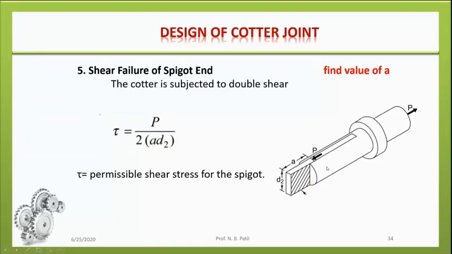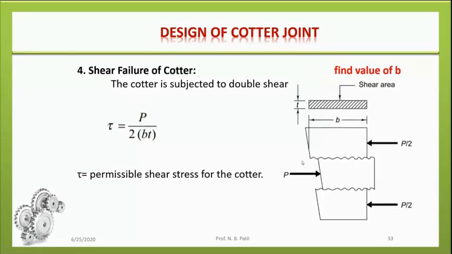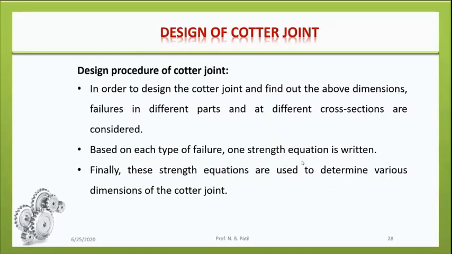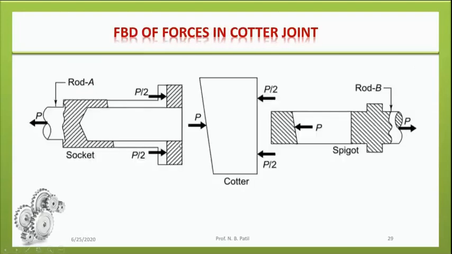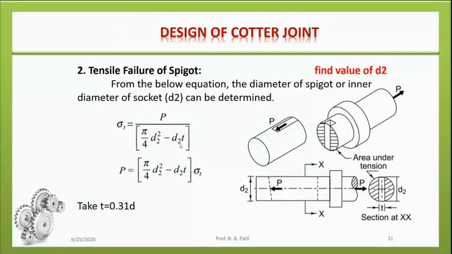So shear in the spigot takes place in two areas having the same cross section area, A multiplied by D2. Where do we represent this A in the main diagram? See over here, this one is your A. The value of A is required to be determined in the equation of direct shear failure of the spigot.